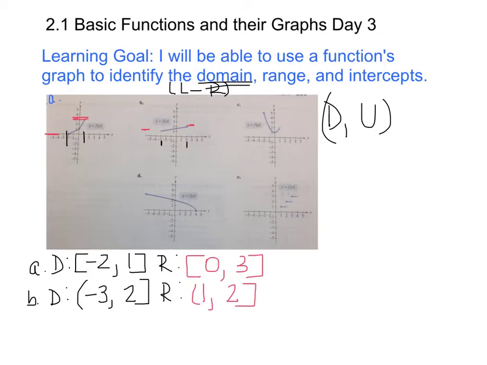Then we'll do C. My domain is left to right. So I'm going from -2 to 1. -2 has a closed dot. 1 is open. And my range, the lowest is 1.